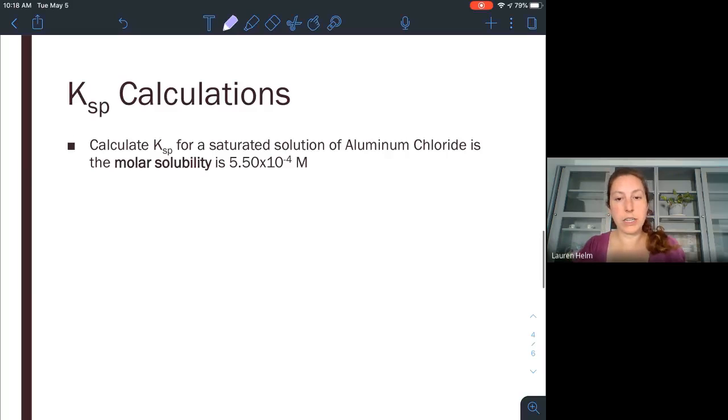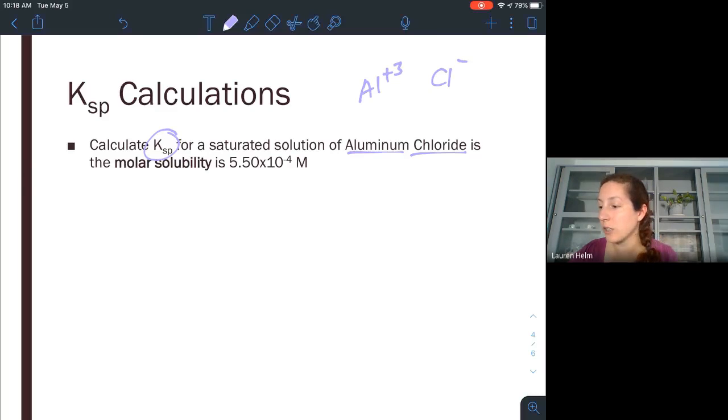So what does this look like in application? Well, we can do a calculation to find the equilibrium constant of a saturated solution of aluminum chloride. Let's remember how we write formulas from our names. This is ionic, a metal and a non-metal. Aluminum as an ion has a +3 charge. Chloride as an ion has a -1.